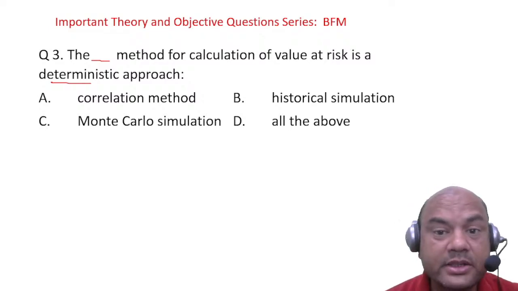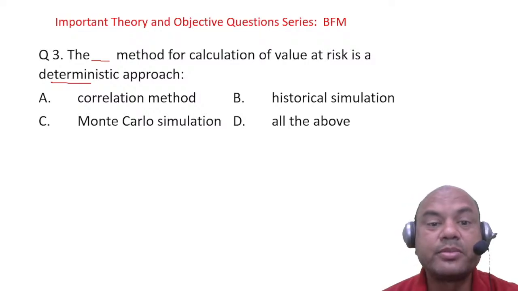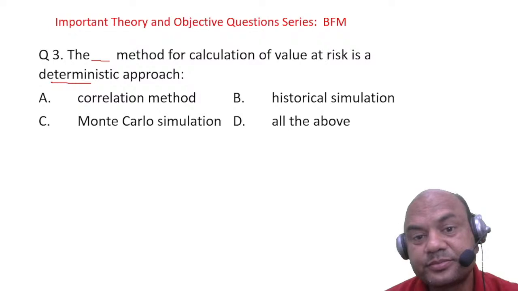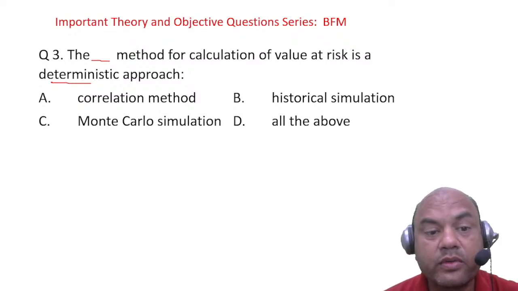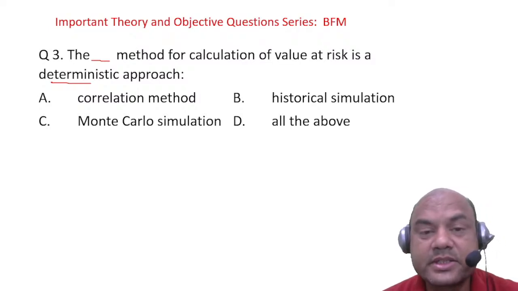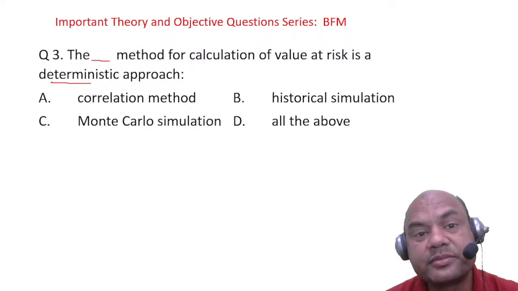You might have studied this in your APM. Do we use it in historical simulation? Do we use it in Monte Carlo, or do we use it in correlation? Answer fast in the comment section, everyone.